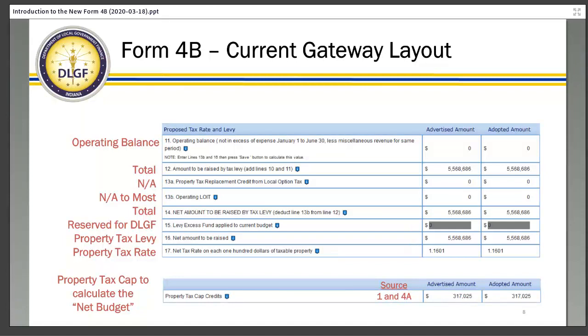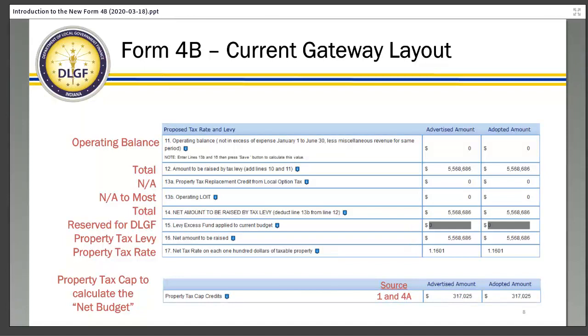The other thing that we use line 11 for is to determine, for cash flow purposes, what we will do once this budget is concluded. In this particular example, the advertised and adopted amounts are 0, which means as of January 1 following this budget cycle, this unit and this fund will have no money in the fund.